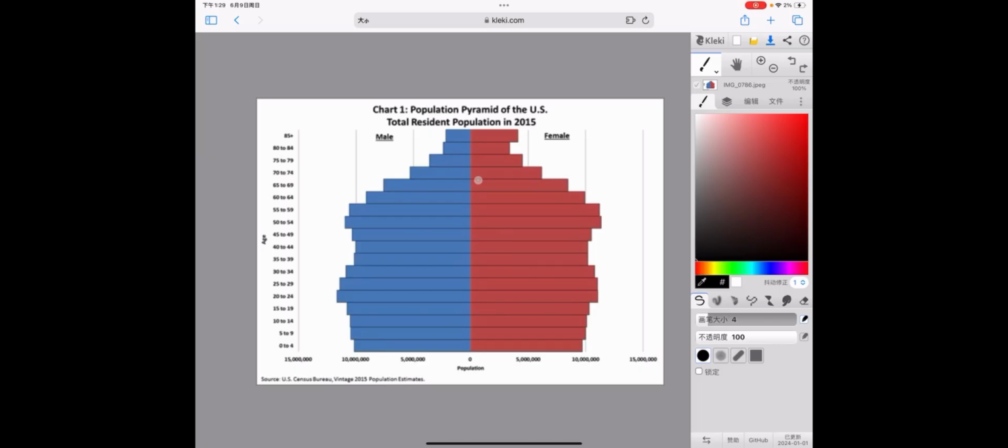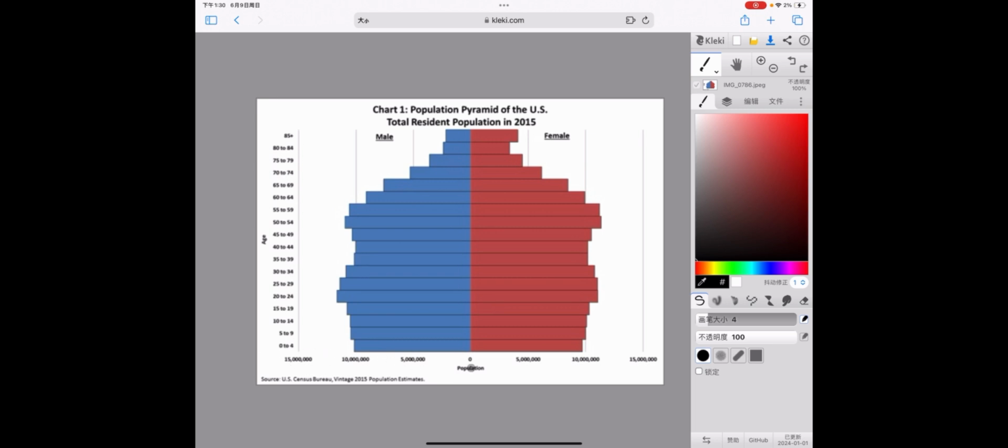Now we have got the population vocabulary out of the way, we can talk about population pyramids. Population pyramids are a way to display population. You can see that on the horizontal axis is the population marks, and on the vertical axis is the age.